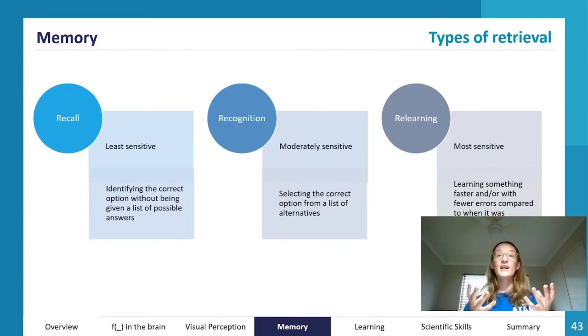When we're relearning, it's much easier than learning it the first time because you already have that foundation of knowledge. So even by right now learning about memory and learning today, when you go into your class, you'll actually be relearning it, not learning it for the first time.